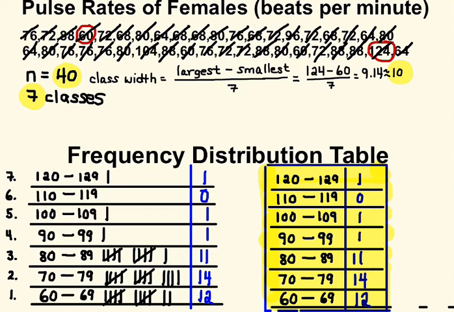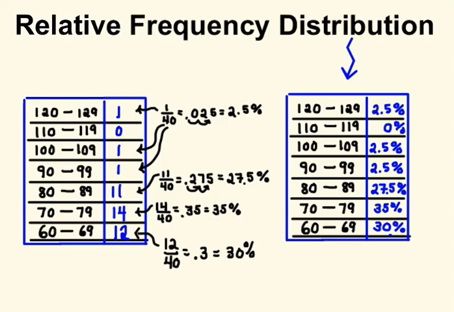And on the next page, we found the relative frequency distribution table, and in this case, I'm going to highlight this one. In this case, instead of putting the number of values, we have the percent of values that occur in each class.